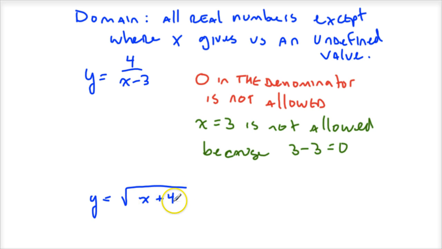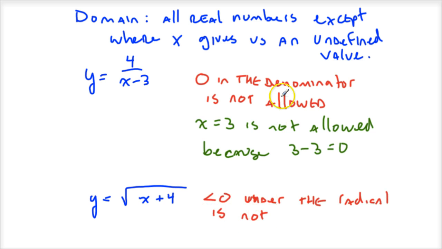That would give me an imaginary number. So all of these values that are underneath here have to be 0 or greater. So I start with the number that would give me a 0 down there. I can say less than 0 under the radical is not allowed.